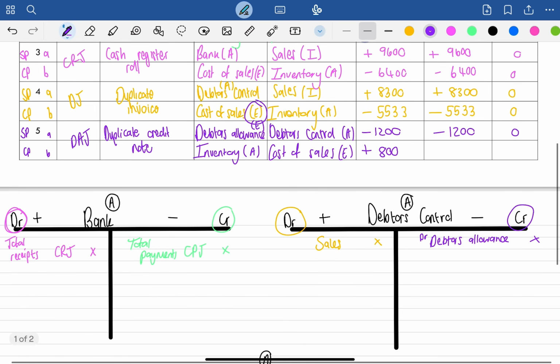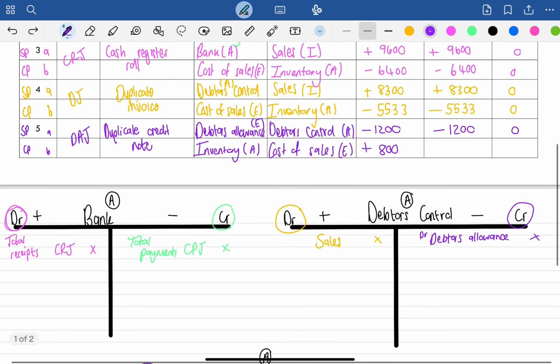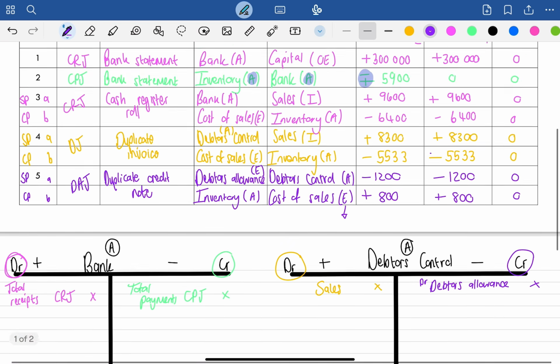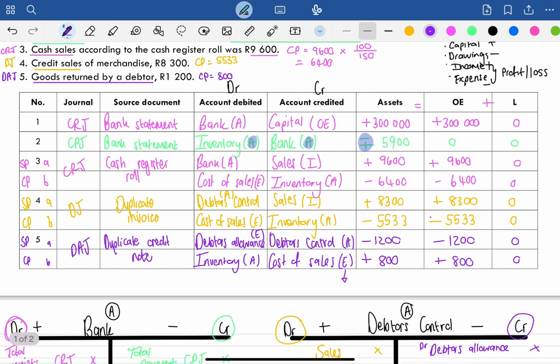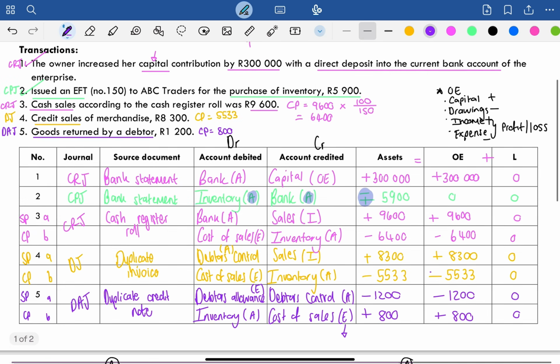When the cost of sales expense increased, we said owner's equity decreases. But now technically what's happening is my expense is going down, which is really good for the owner, and that obviously will then give us a positive owner's equity, as if you have more expenses, yes, it does decrease owner's equity. But if you have less expense, it actually increases your owner's equity.